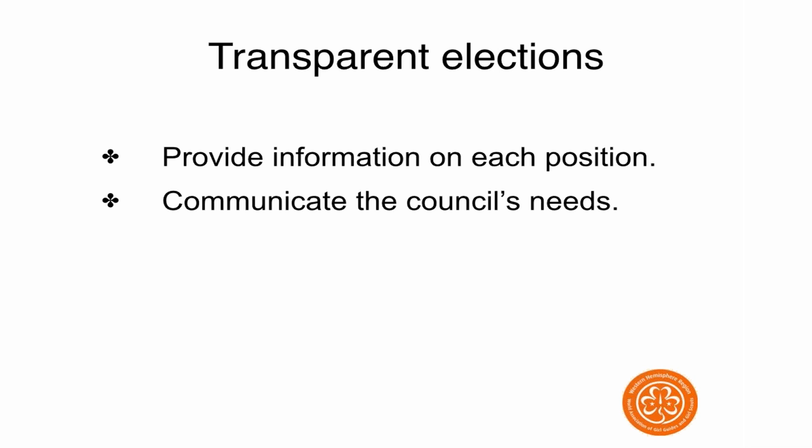First of all, if we want to have the best election possible, we need to make sure that all the candidates and those that are voting have the information they need in order to make the best possible decision for themselves and for the organization. This means that all the candidates, including those that may be sitting for re-election, know well before the AGM the time commitment, the skills, the experience, and the expectations for the role for which they are thinking about being nominated.